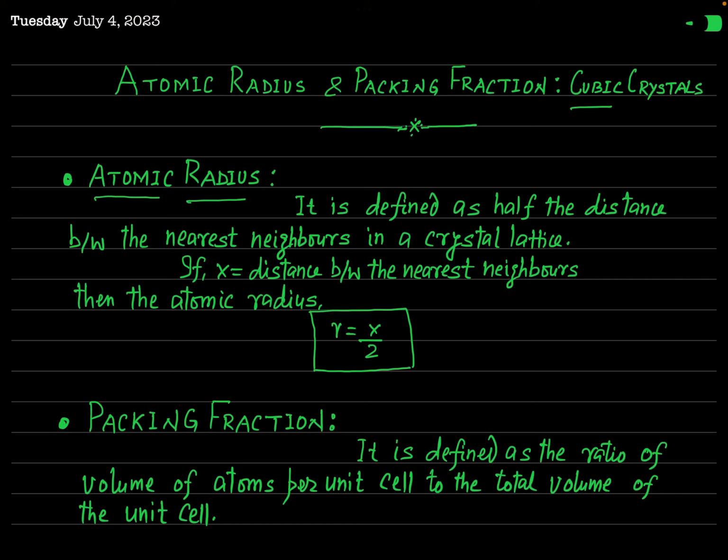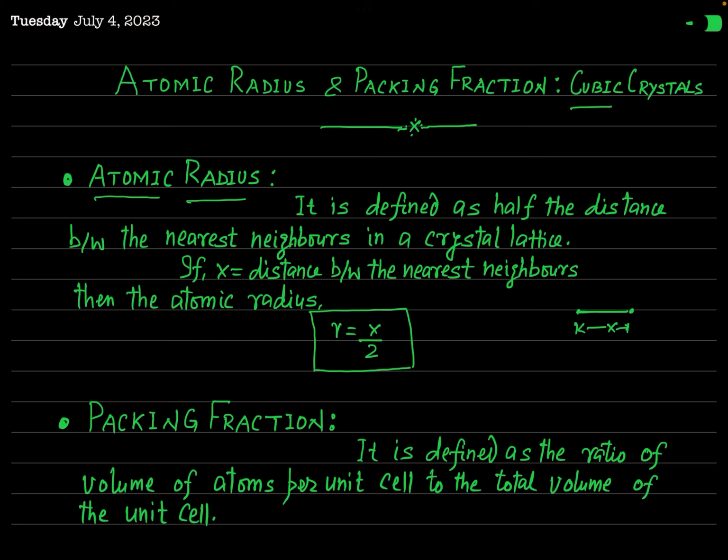When you say atomic radius, what does it mean? If you have to find the atomic radius, you have to think about the nearest neighbors of a crystal lattice. Let us consider these are the two nearest lattice points in the crystal lattice, and these two nearest neighbors are separated by a distance x.